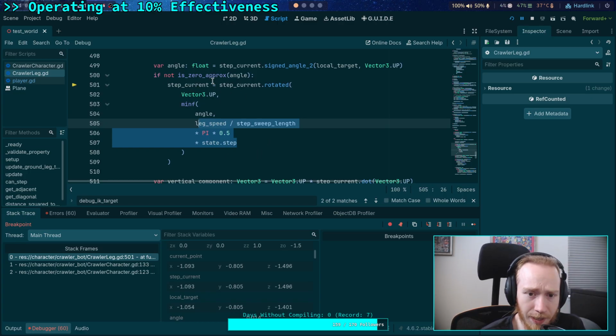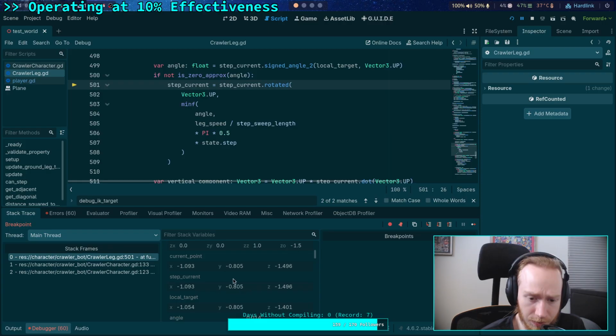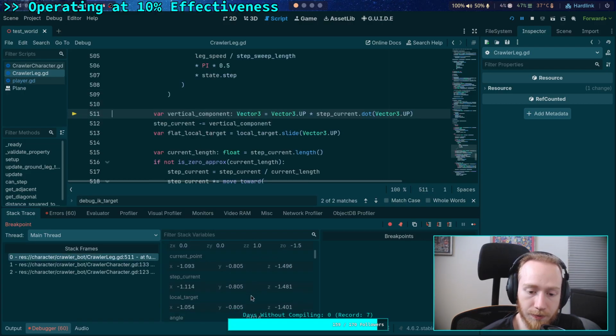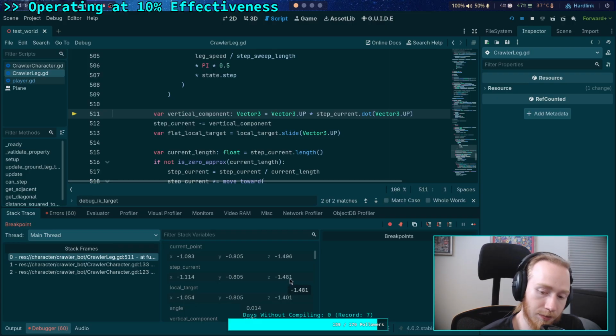But it looks like it should rotate step current to local target right away, so these values should look really similar, or at least the direction should be the same. So both of these are less. I'm not really sure what that should look like. Okay, so it did a rotation.